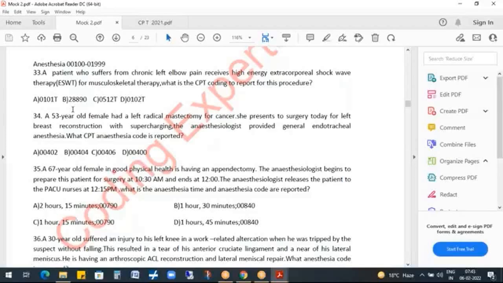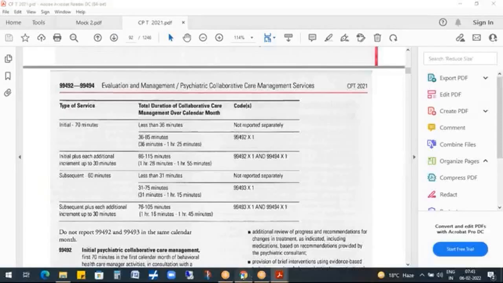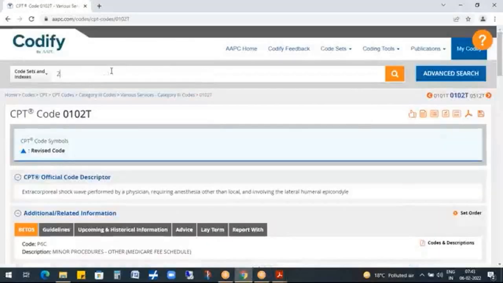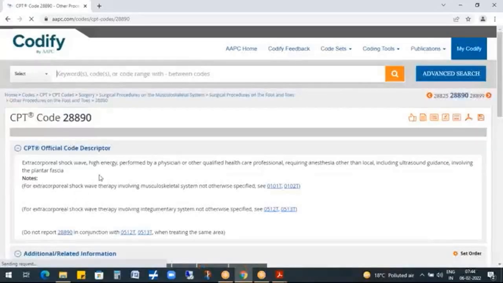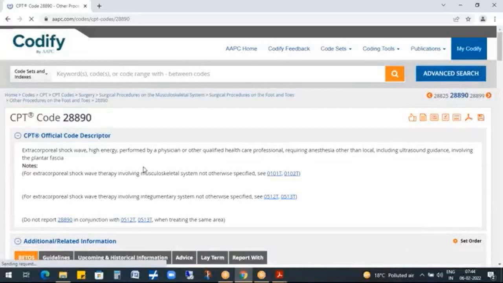See, 28890 is performed by a physician, and there is a lot of verbiage in 28890. If you read the code description properly, it is saying extracorporeal shock wave, high energy, performed by a physician requiring anesthesia other than local, including ultrasound guidance, involving the plantar fascia.